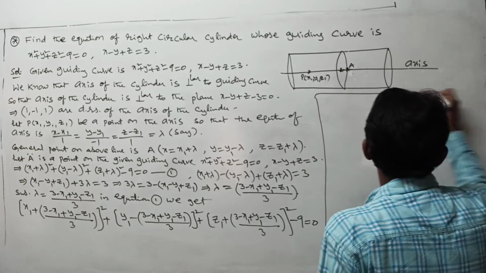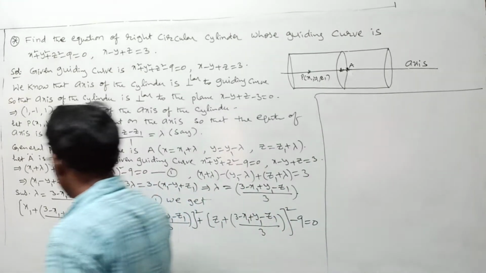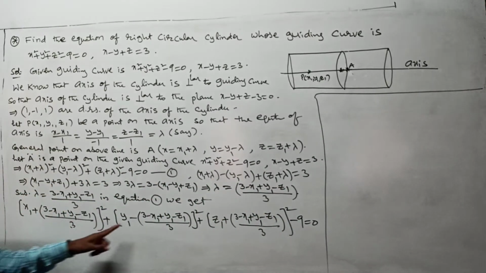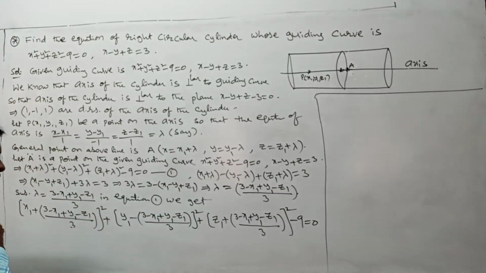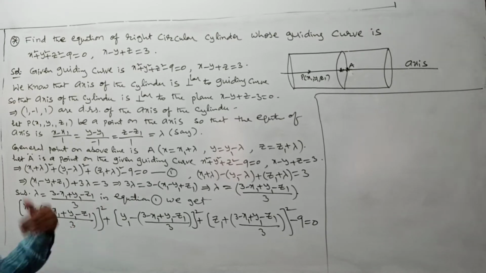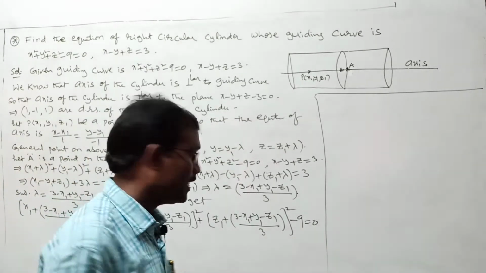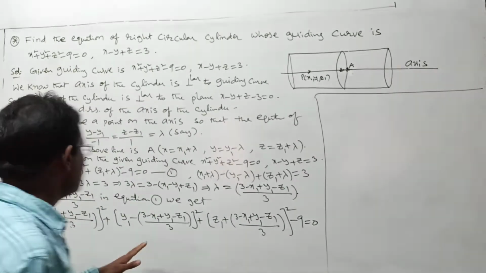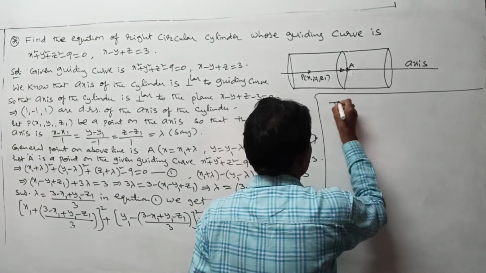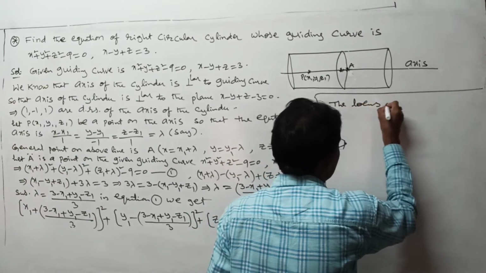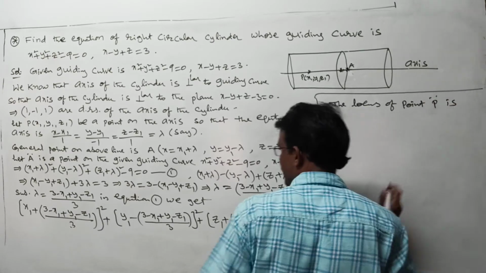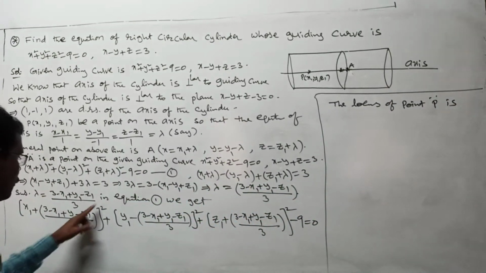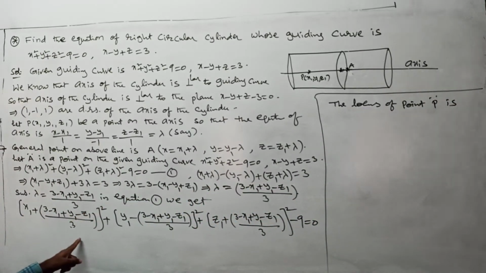In the next step, you can simplify this: take 3 common here, here and here, take all the terms to one side and multiply throughout the expression by 9 to remove this 3 square term, and then define the locus of point P. I am not doing that work directly, I just want to go through it like this. The locus of point P is, taking 3 common, outside it is 9, since 3 square is 9.